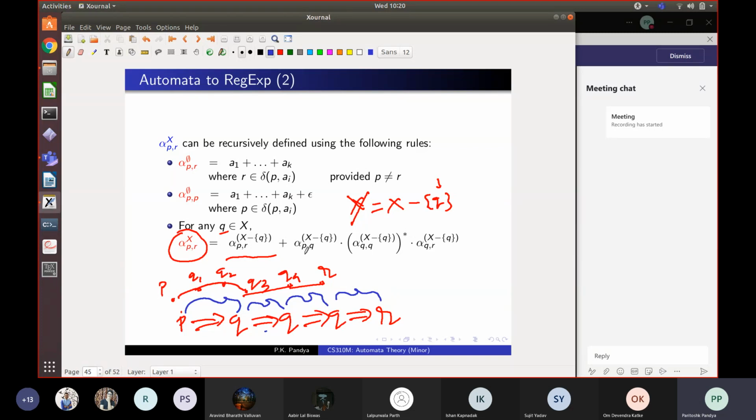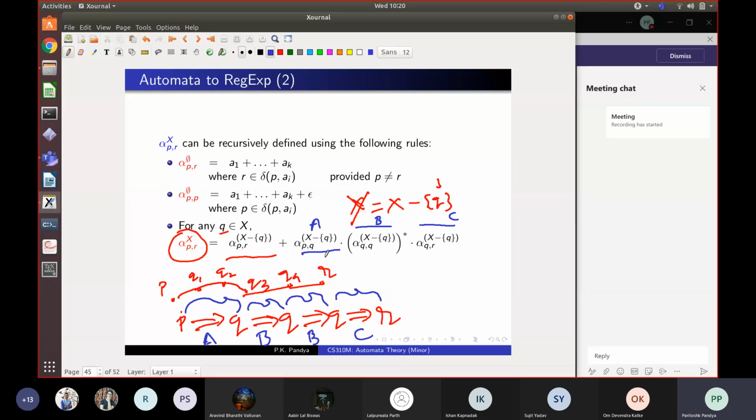So if I underline this and call this part A, this part B, and this part C, then any execution will be of the form A followed by B, B, B repeated some number of times, and then a C, where B may repeat even 0 times. 0 or more times, because you can go from q to q several times. But in going from q to q, you should not visit q as an intermediate step. This is what I'm saying.